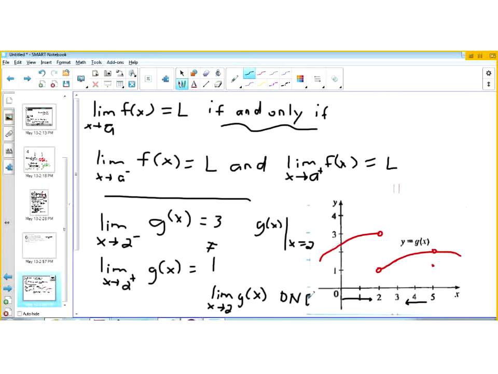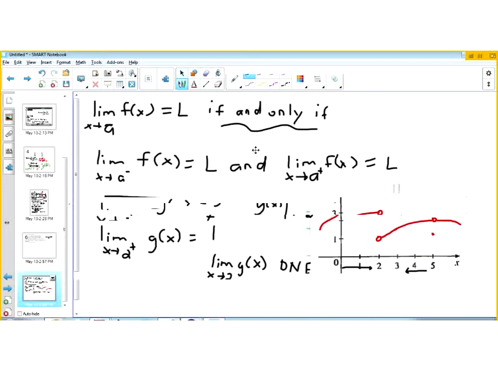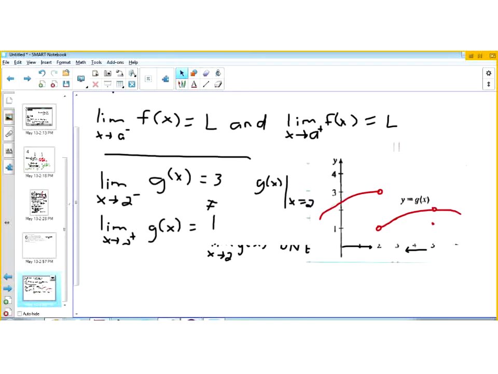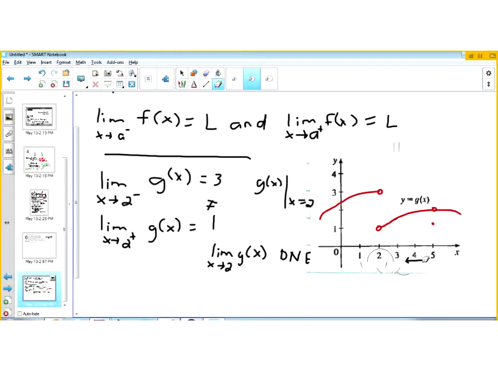Not only does the limit not exist, but the function is not defined at 2. Very interesting. So let's consider the case now as x approaches 5 from both directions.